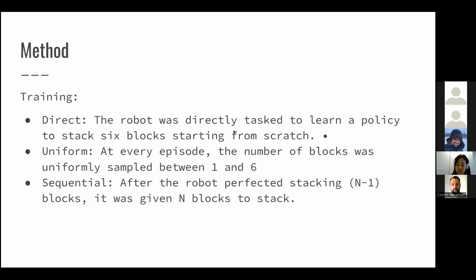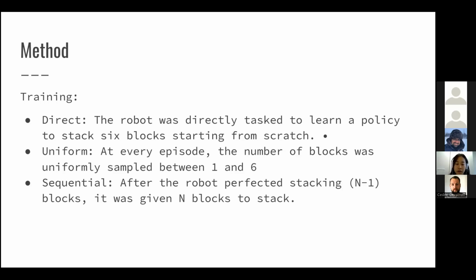And during the training step, there are three kinds of tasks. One named direct means the robot was directly tasked to learn a policy to stack 6 blocks starting from scratch. And the second one named uniform means at every episode, the number of blocks was uniformly sampled from between 1 to 6.